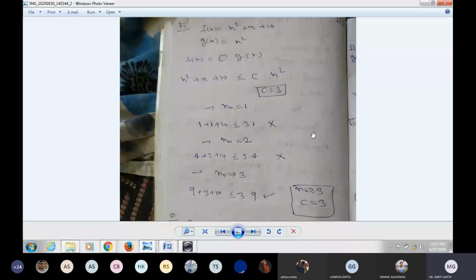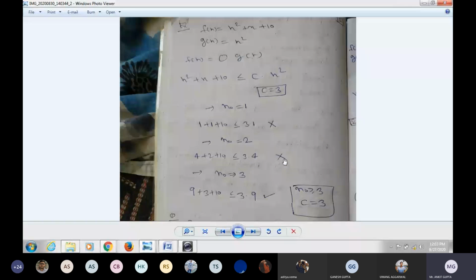Suppose I take n is 2, then again I will check the condition. So n square, that is 4, plus 2 plus 10, less than equal to 3 into 4. So here 14 plus 2, 16 less than equal to 12. Condition is false, still false.